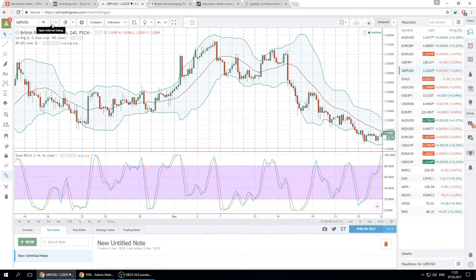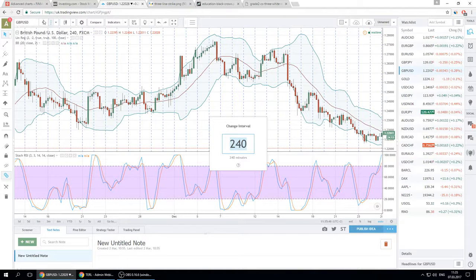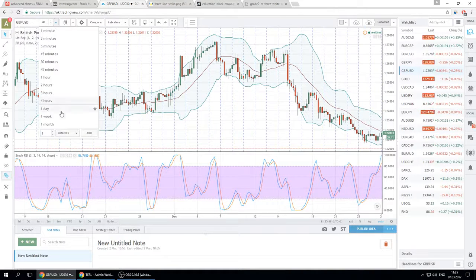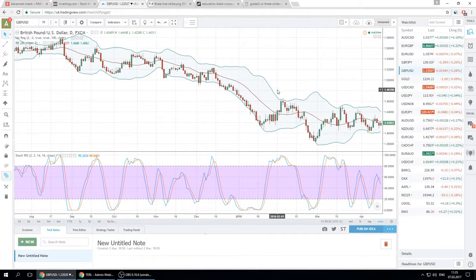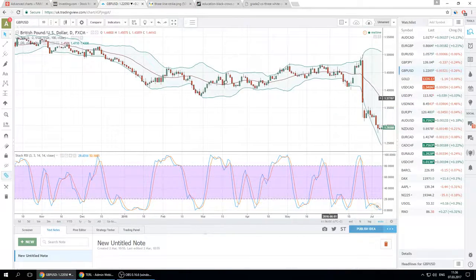This pattern can be used both by traders who prefer to trade long-term positions and by those who prefer to trade, let's say, intraday, because it helps them to understand the general trend and what can happen next on the market.